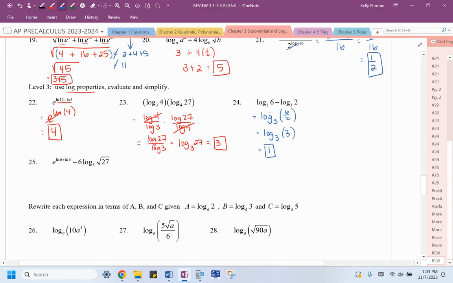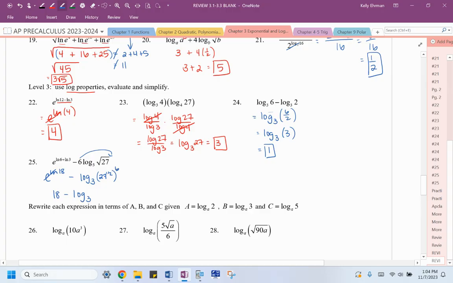Okay, this is kind of the same thing as 22. I have to condense this first. This is e to the natural log of 18, 6 times 3, minus log base 3. Now, I do not want to do a bunch of tough math here, but I can say this is 27 to the 1/2, and maybe I raise that to the 6th power, because that should simplify things a little bit.